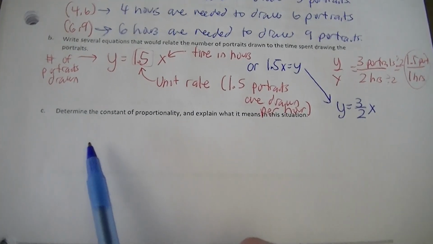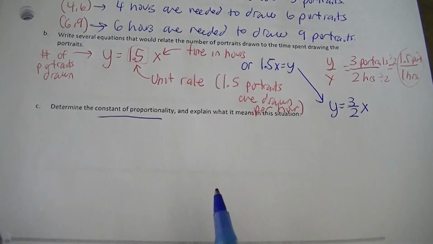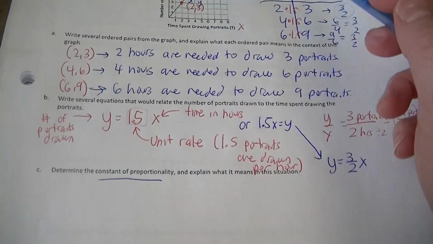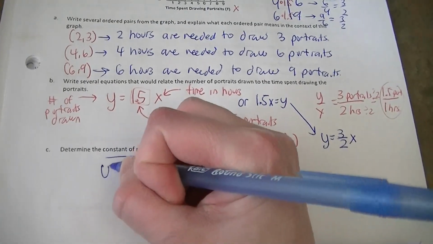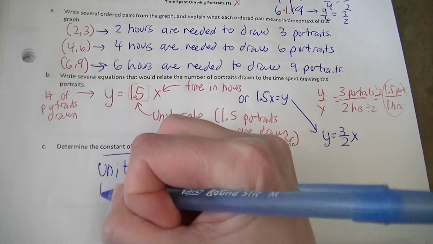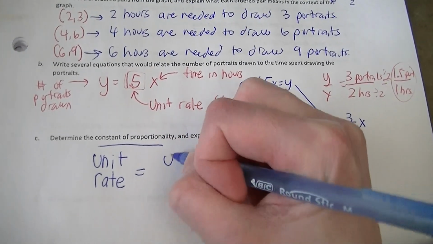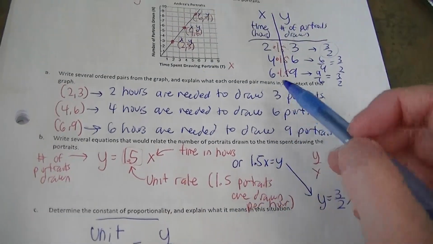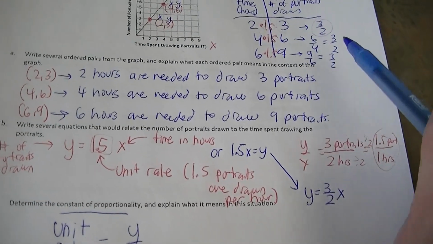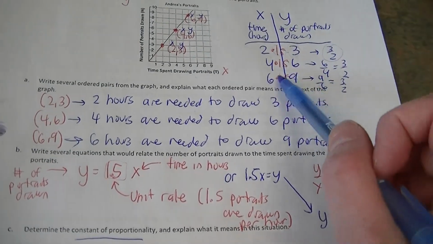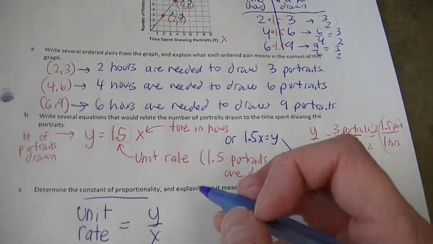Letter C. Determine the constant of proportionality. That means unit rate. And explain what it means in this situation. Well, we've done that a bajillion times throughout this whole entire problem. So let's just go ahead and write it out so it's completely obvious for the person that wrote this math book. Unit rate is y divided by x. And pick which value haven't we picked? Let's use this one, 6 and 9. So we gotta go y divided by x.